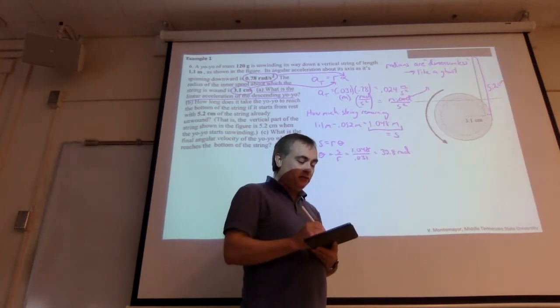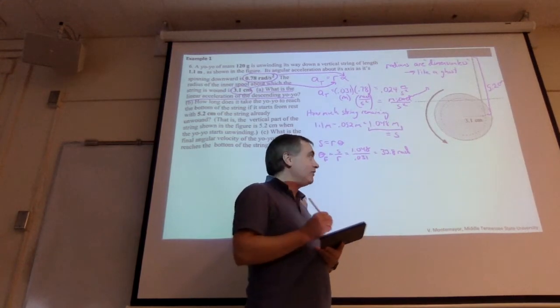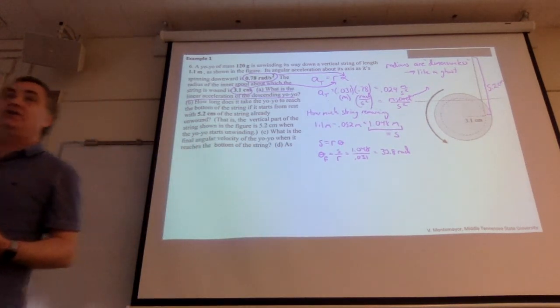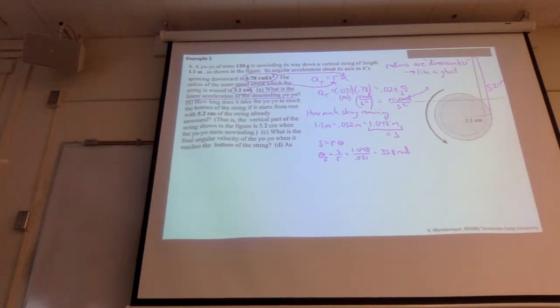This angle is theta final. It's the final angular position of the yo-yo when it gets to the bottom, which means I can start to do something like this. Maybe theta initial was 0, and omega initial is 0, and omega final is something I don't know, and alpha is 0.78 radians per second squared, and the time is something I don't know.